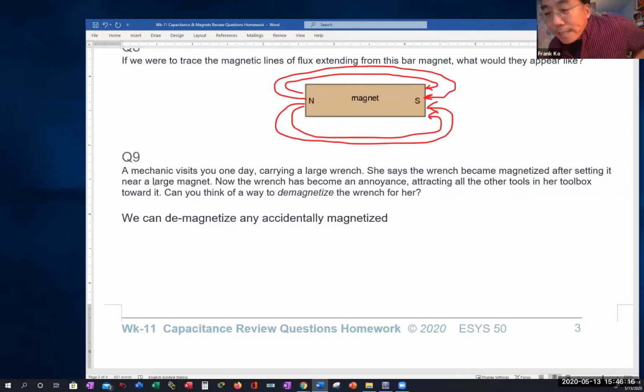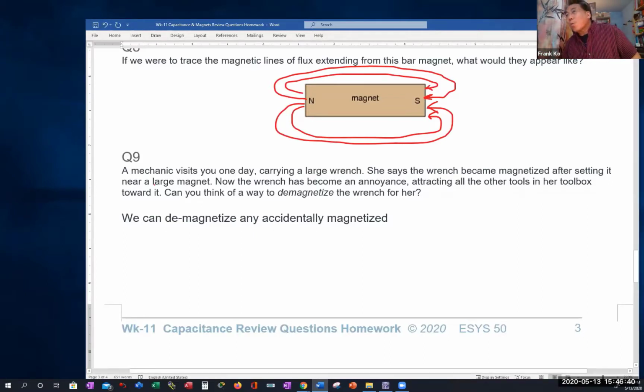That's why a lot of people like to have magnetized tools. In the case of a Phillips or a blade screwdriver, you put the screw at the end and it holds it in place magnetically. So that's a good thing. Here we have a mechanic with a wrench, and the wrench has become magnetized. Now, you don't want a magnetized wrench because all kinds of tools are sticking to it.